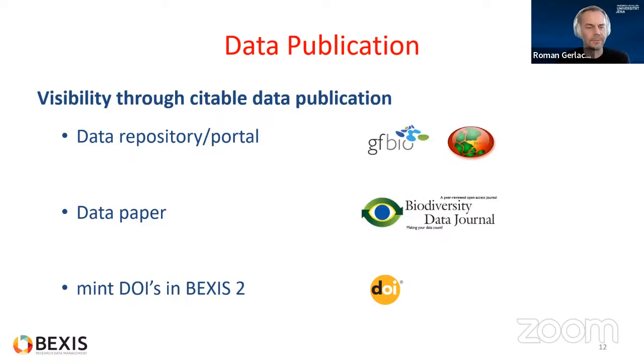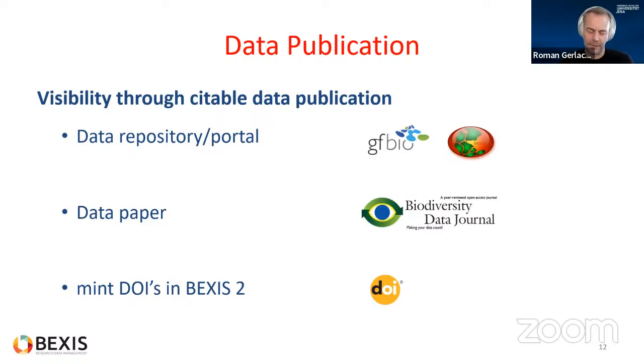We had a collaboration where you can basically transfer data that has been stored in the BEXIS2 application into those portals with an easier workflow than starting from scratch in those portals.